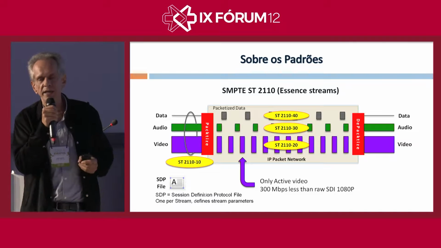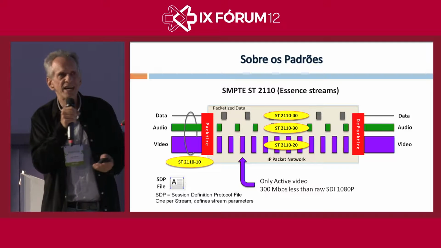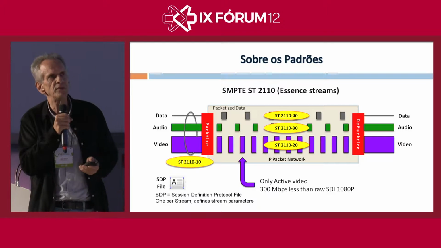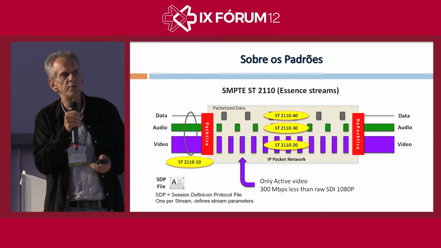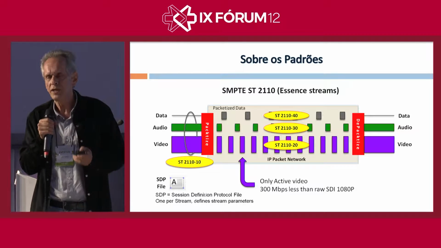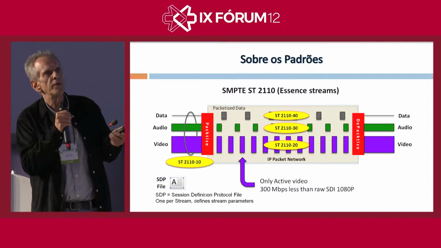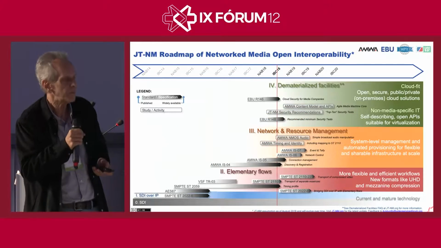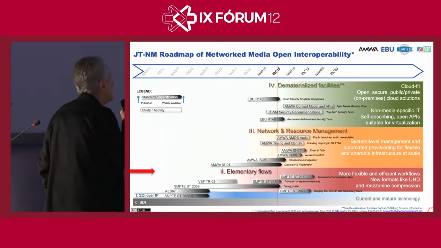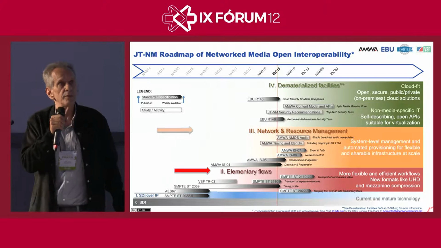And in the video, there is a rate reduction where only the active part of the video is broadcasted. Video at the SDI has some intervals that were reduced with this new standard.